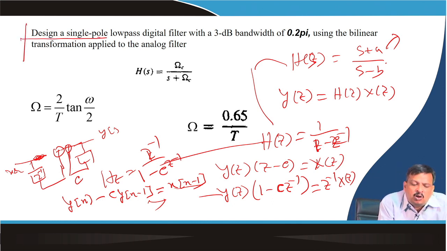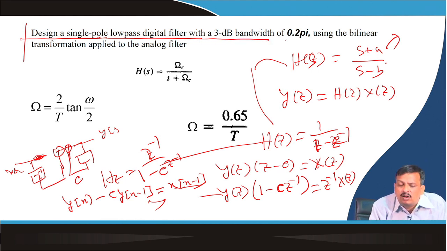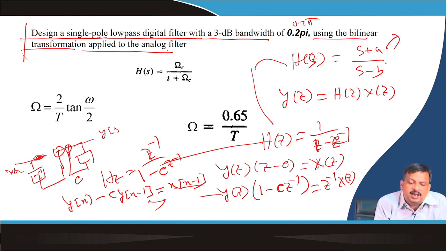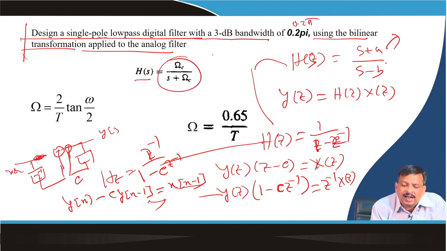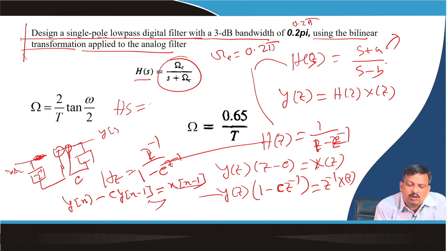Here is a real life example. Design a single pole low pass digital filter with a 3 dB bandwidth equal to 0.2 pi using bilinear transformation applied to the analog filter H(s) equal to this one. So, what is the cutoff frequency omega c? 0.2 pi. H(s) is equal to omega c divided by s plus omega c.